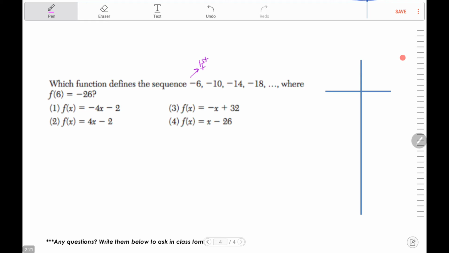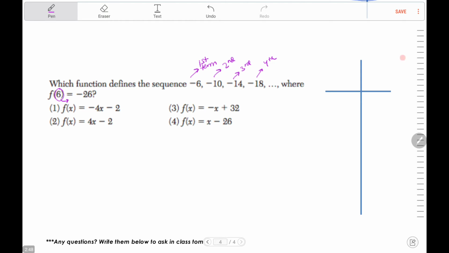This is the first term, and this is the second term, and this is the third term, and this is the fourth term. And what they want us to find is what equation will show an output of -26 for the input 6.